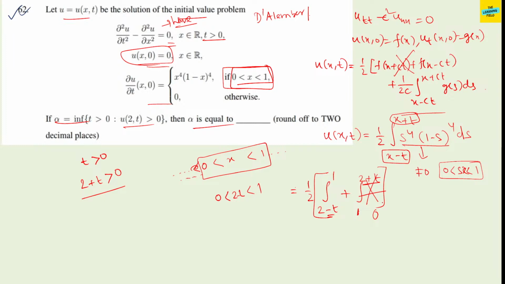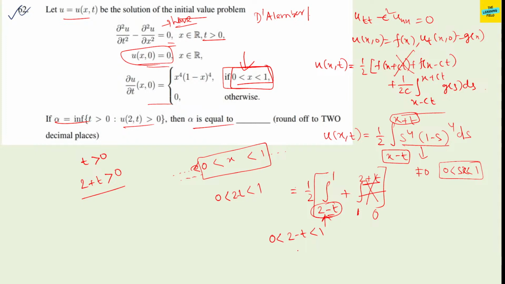Fine, we only deal with this interval, and since we have the value only in between 0 to 1, that means this again belongs to 0 to 1. Otherwise we get 0 value.